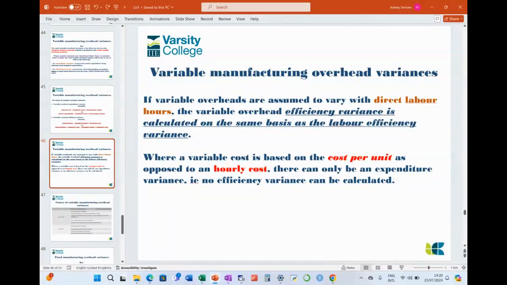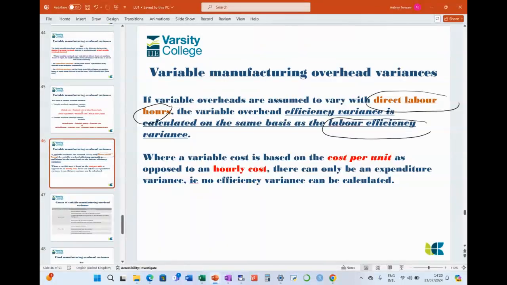It will be the same. Does that make sense? So just remember, if our base is direct labor hours, then it's the same formula as the labor efficiency variance. That's all that I'm trying to say. I hope it's sinking in.